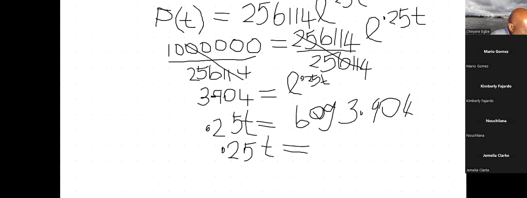Like I said, the log of e is 1. Because remember, you're going to take the log of this side and again the log of that side. But the log of e is 1. So it becomes 0.25t is equal to the log of 3.904.